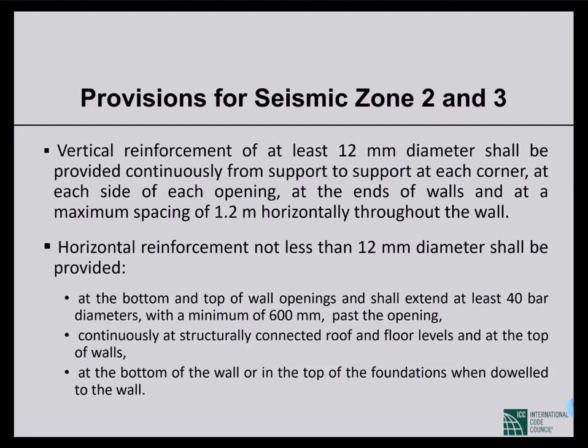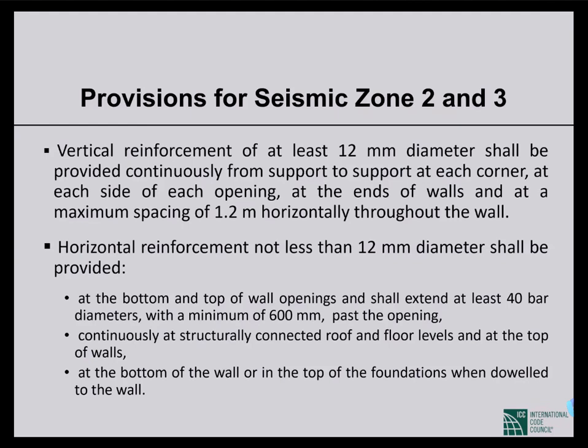And in between these locations, if the spacing is more than 1.2 meters, then we have to provide vertical reinforcement at every 1.2 meters. Okay, so at least one 12 millimeter diameter rebar has to be placed.